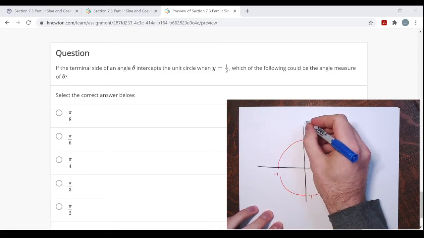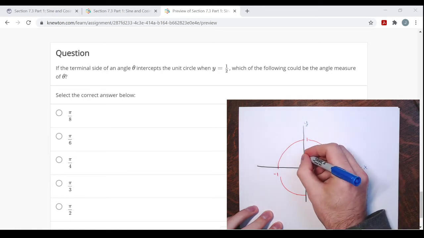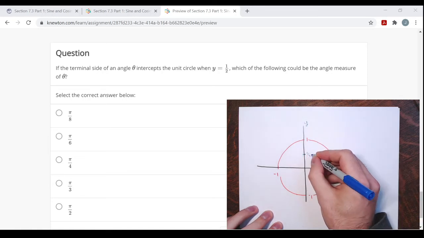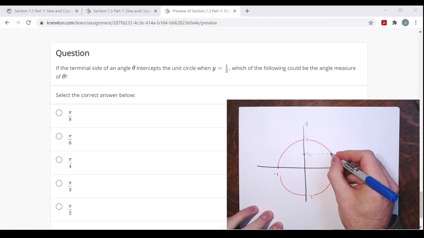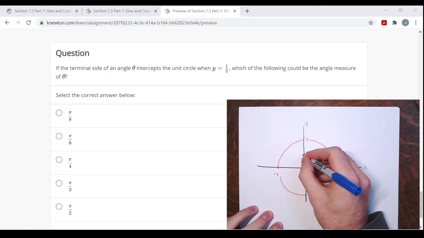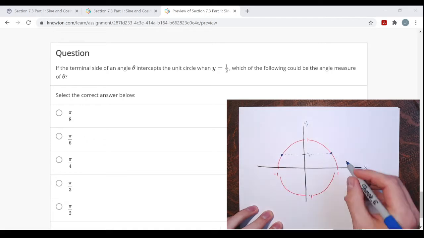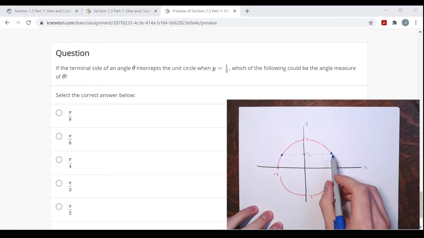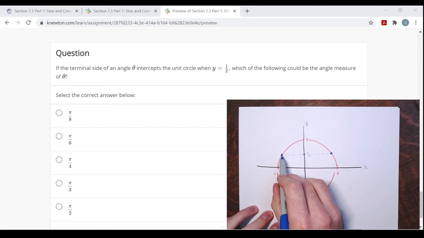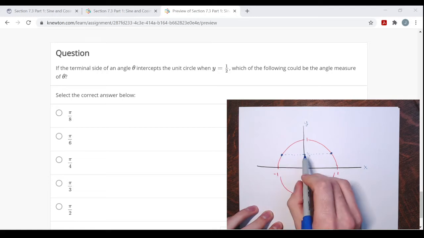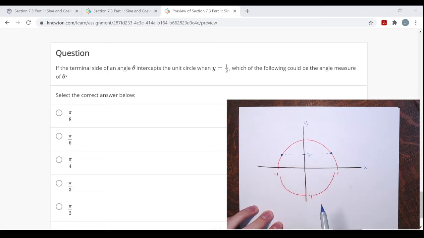Here's the y-axis, x-axis. When y equals a half, that's here. So we're talking this point or this point on the unit circle when y is a half, right? A point in the first quadrant, and there's a point in the second quadrant with y being a half.